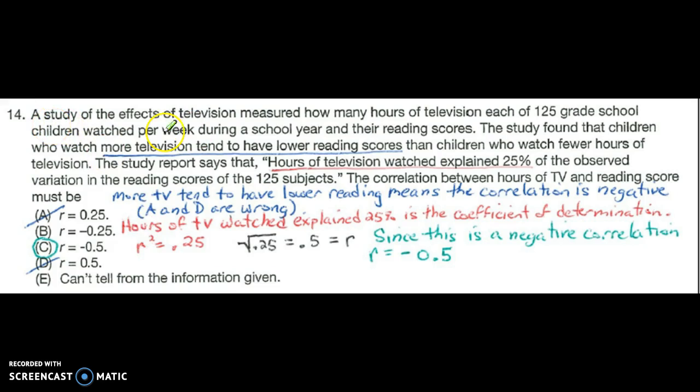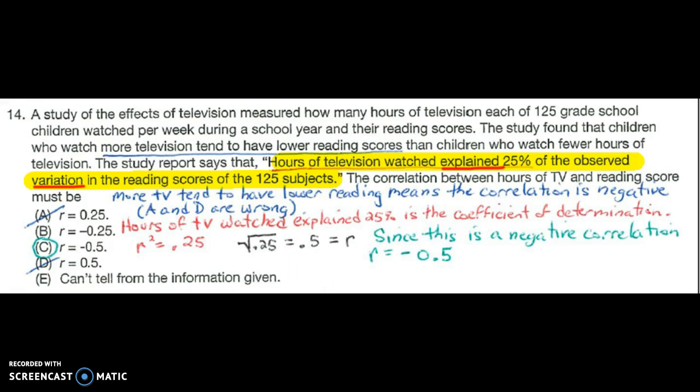Question 14 is about a study of children watching television. In the study it says the hours watched explain 25% of the observed variation of reading scores of 125 subjects. Because it said it explained the variation, that is the coefficient of determination.